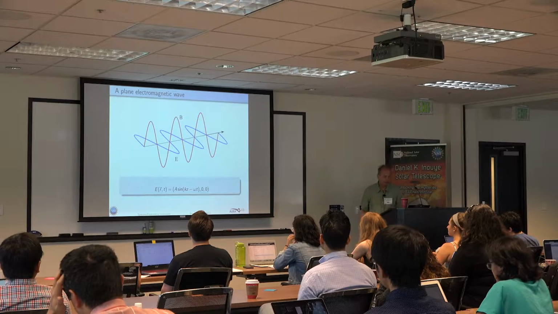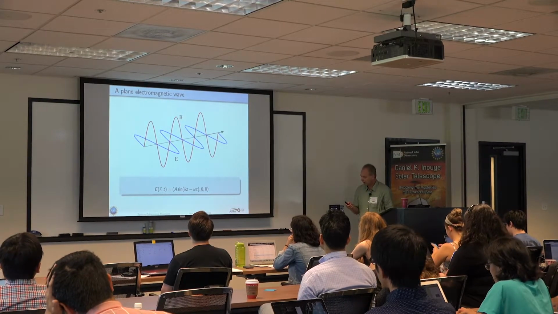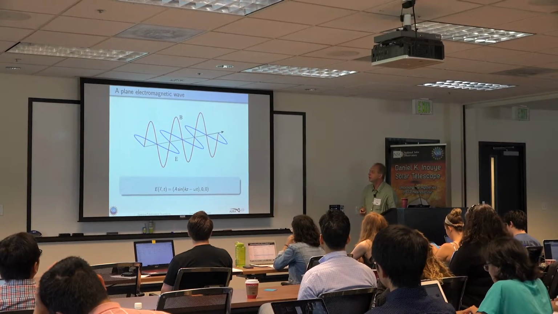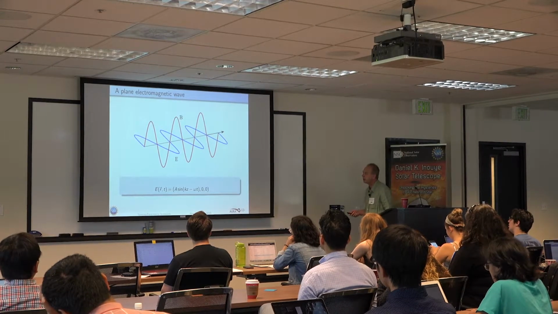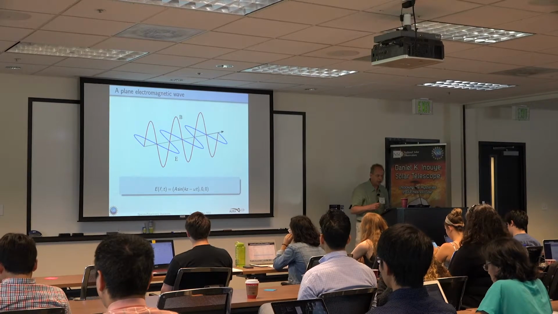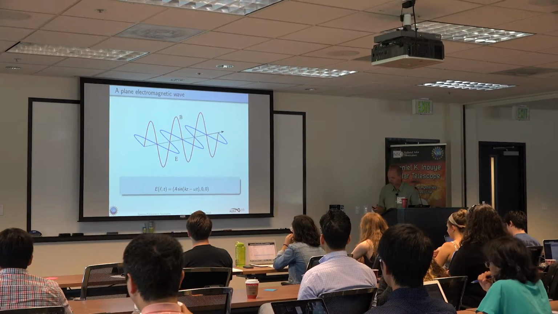Ivan showed you the polarization. We usually view light as a combination of plane parallel electromagnetic waves, where the electric field and the magnetic field oscillate in a plane perpendicular to the direction of propagation.